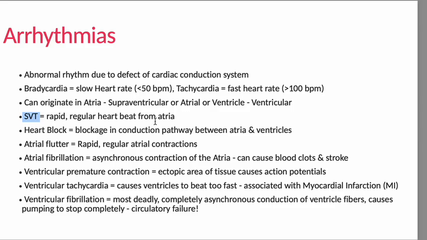If there is something wrong with some part of the atria, either the SA node or the AV node, and it's causing it to fire action potentials too quickly, so we are having an increased heart rate due to an issue in the atria, we would call that a supraventricular tachycardia.